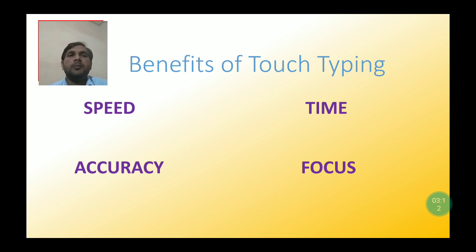But in touch typing there is a fixed rule that a specific finger moves to a specific key, so the typist remains focused. So these are the benefits of touch typing: speed, accuracy, time and focus.